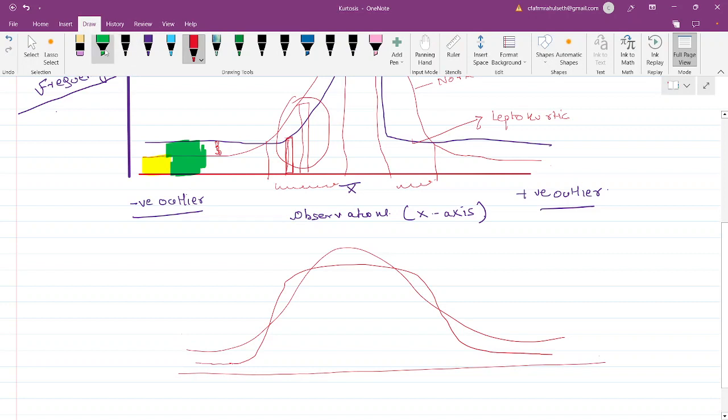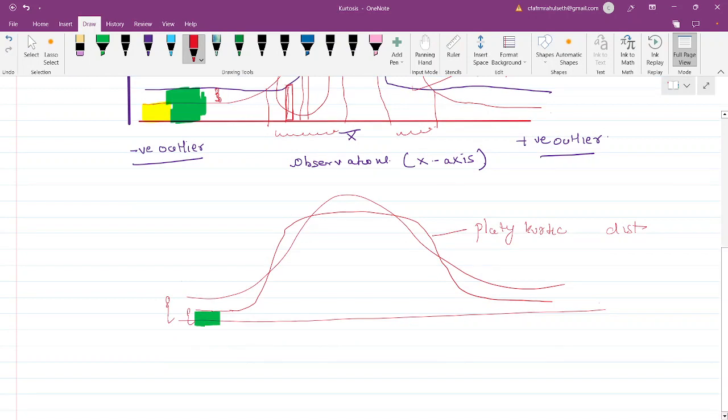So here the probability of an extreme event occurring in a platykurtic distribution is this, and the probability of an extreme event occurring in a normal distribution is this. In a platykurtic distribution it is this. So here the probability or the chance of an extreme event occurring is less than normal in a platykurtic distribution. So this is your platykurtic distribution. Okay.